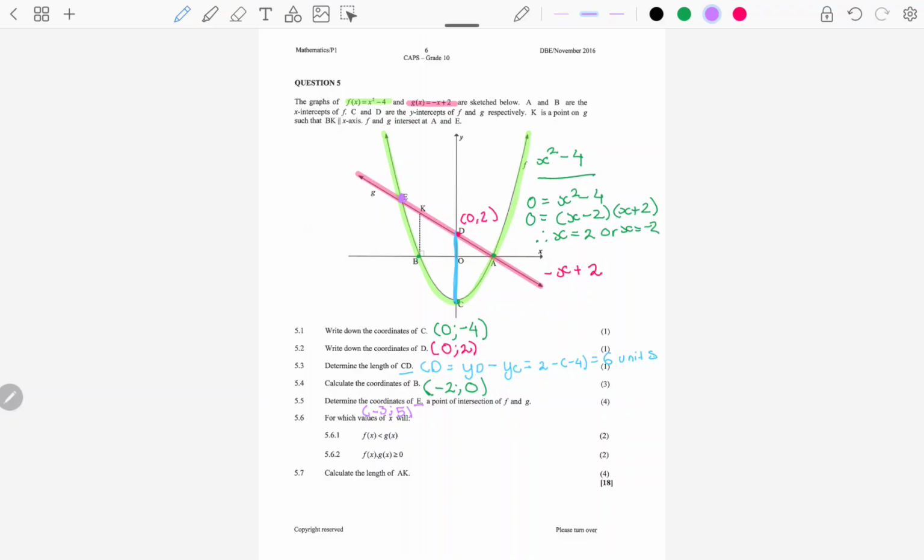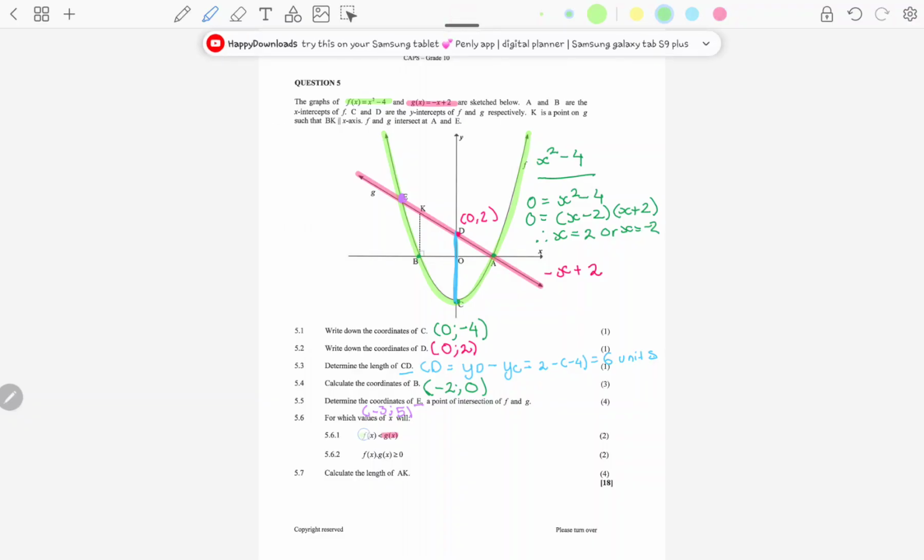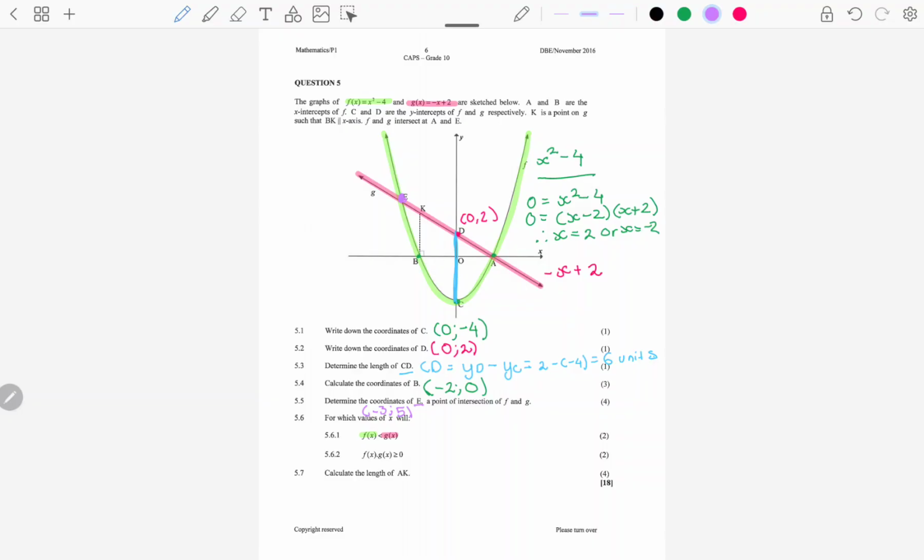Now they want us to find the values of x for which f of x is less than g of x. If we look at our graph, we have to look at which values g of x is above. The green graph is under the pink graph, and I see it's this part here.